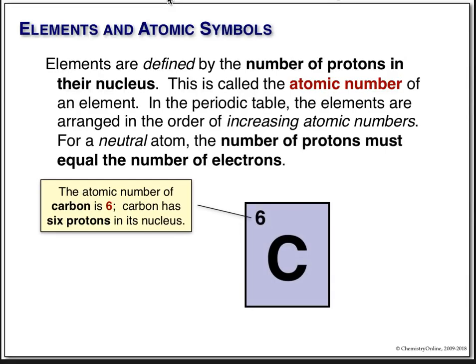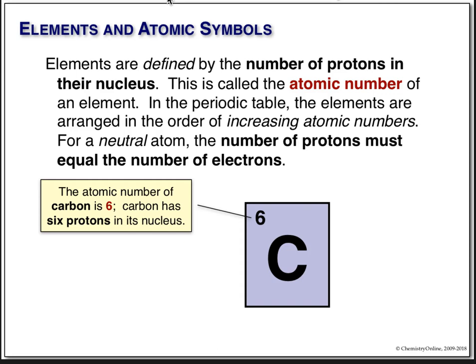All right, elements and atomic symbols. An atomic symbol is something that we will use to denote the atomic number of an element and its mass number. Now again, the atomic number is the number of protons in the nucleus.